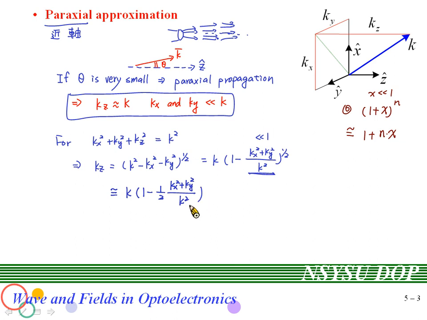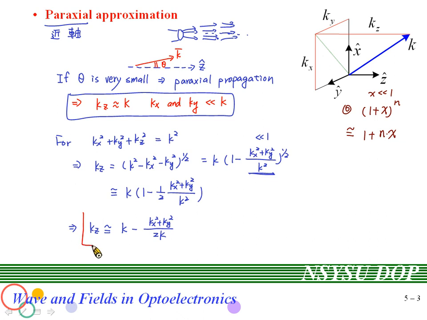Okay, so let's rearrange it. For the paraxial approximation, the kz component will be approximated as k minus kx squared plus ky squared divided by 2k.